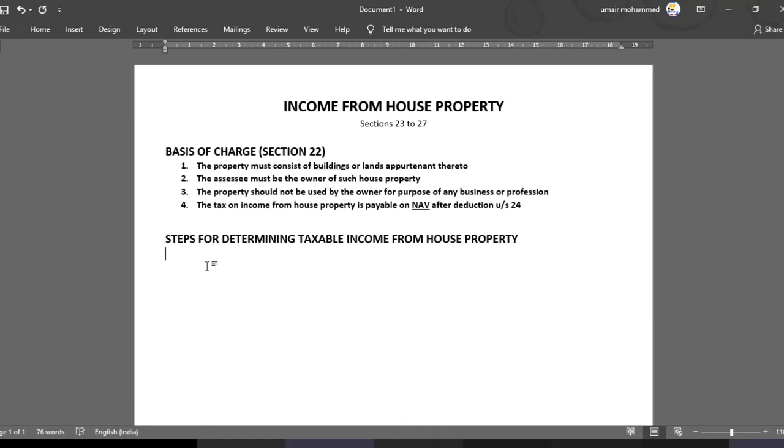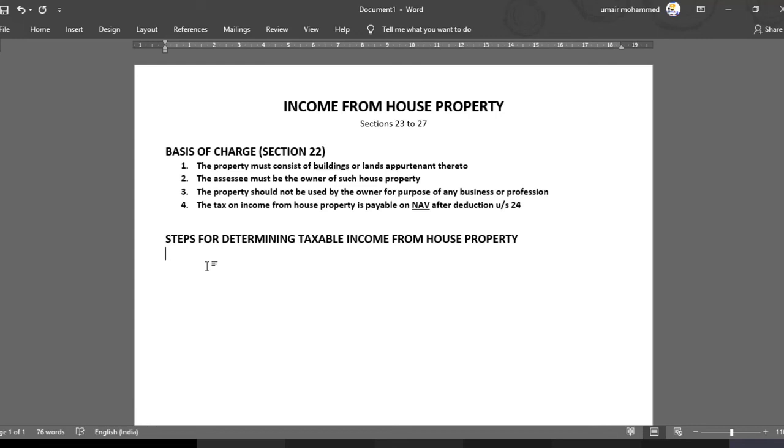The reason is house property is classified into 3 categories. First one, let out property. Second one, self-occupied property. Third one, deemed to be let out property. Even though you're not getting any rent from self-occupied property, still there is some benefit you can get.